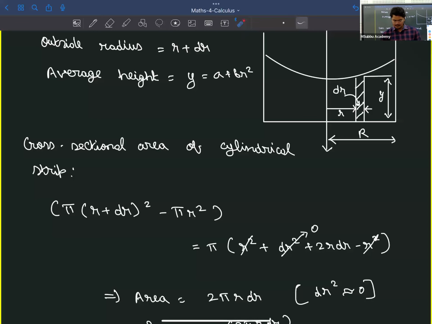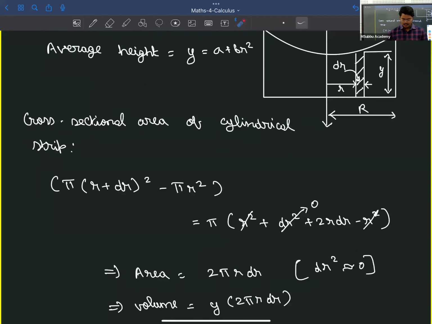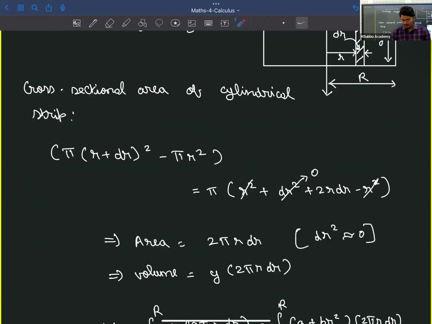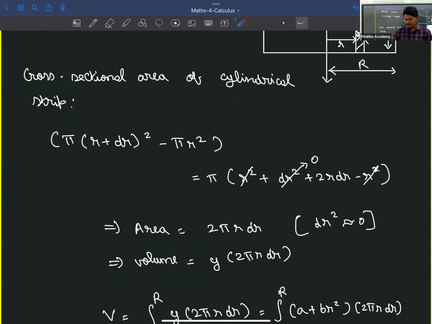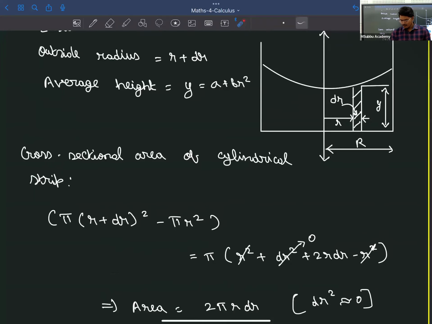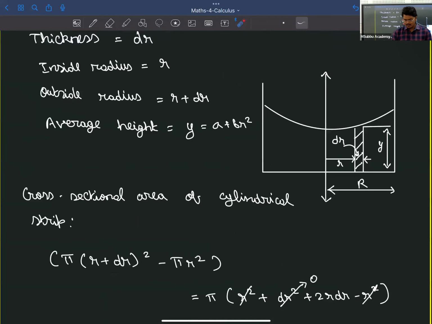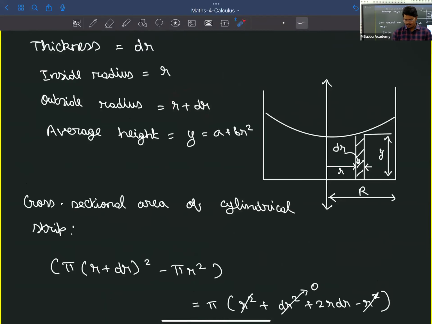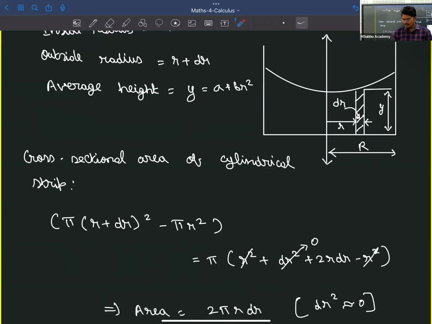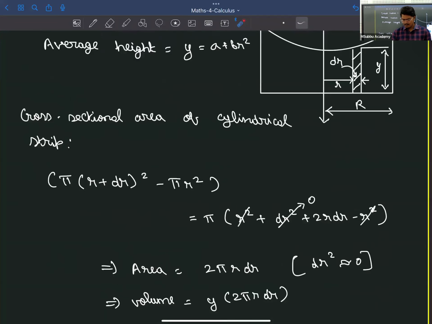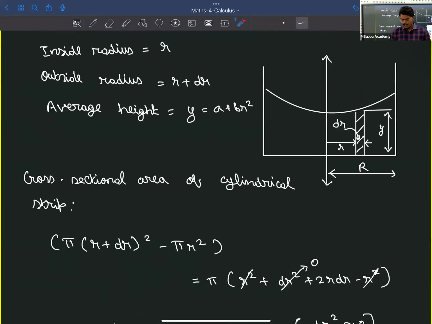For the cylindrical strip, the area is pi r square. First for the outside radius, pi into r plus dr whole square, and minus the inner part, which is pi r square.